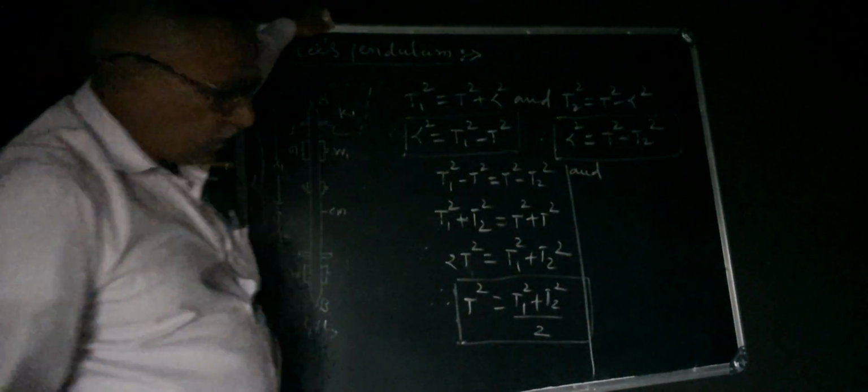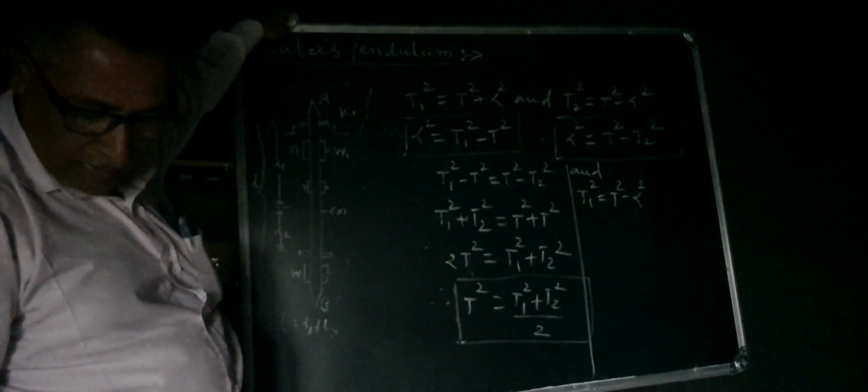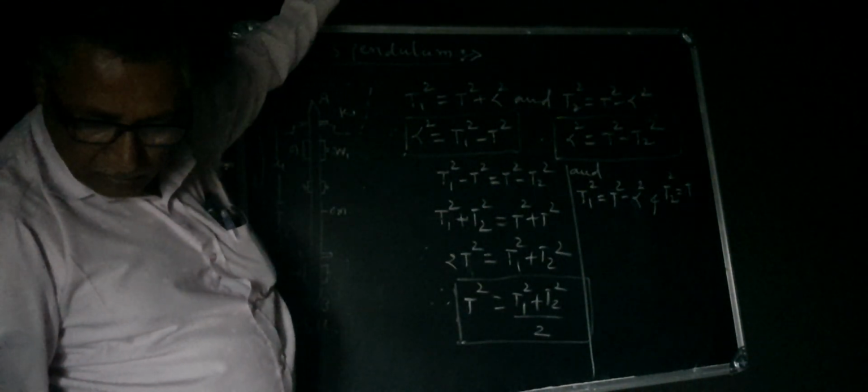I can write T1 square equals T square minus alpha square, and T2 square equals T square plus alpha square.